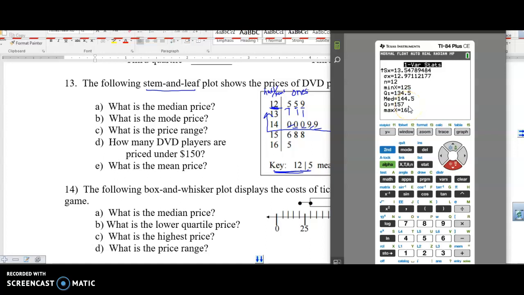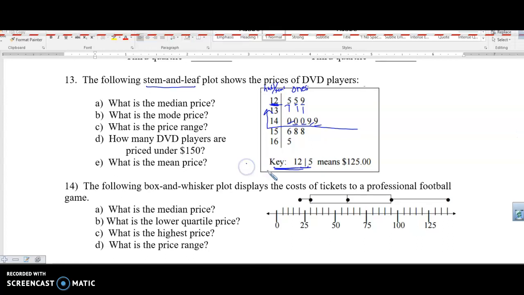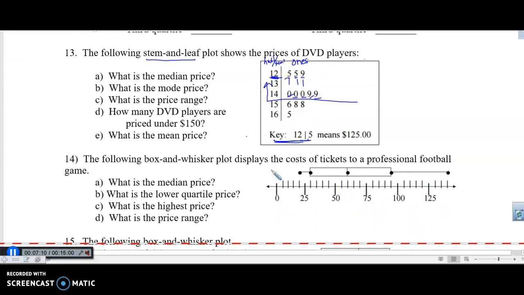All right. Now let's look at our box and whiskers plot here. They already drew the box and whiskers for you, so from this picture we are going to decide all of these things. Now remember, we said this is Q1, this is Q2, or the median, and this is Q3.